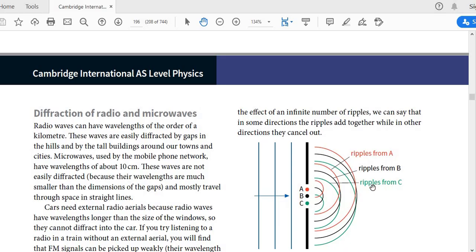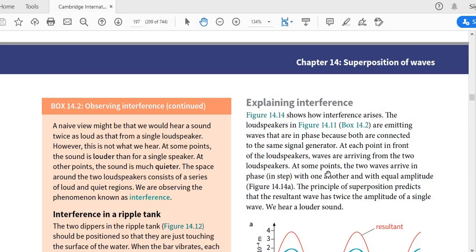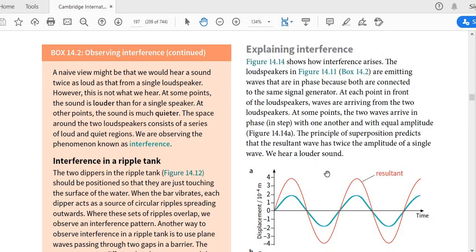The waves that come from the other side, they interfere. Okay, so we will have diffraction, and on the other side we will have interference of the waves. So at the gap, the spreading of the waves is called diffraction. Spreading of a wave at the gap is called diffraction. So when those waves interfere, we have interference.